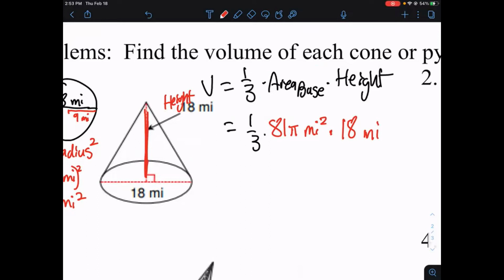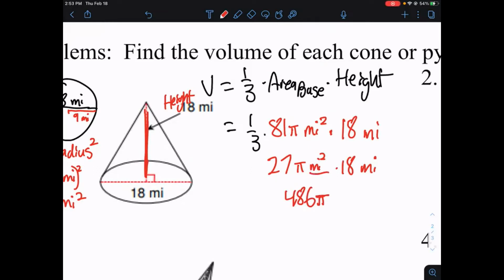So 1/3 times 81 pi would be 27 pi. And then 27 times 18, 486. Then don't forget we have a pi.